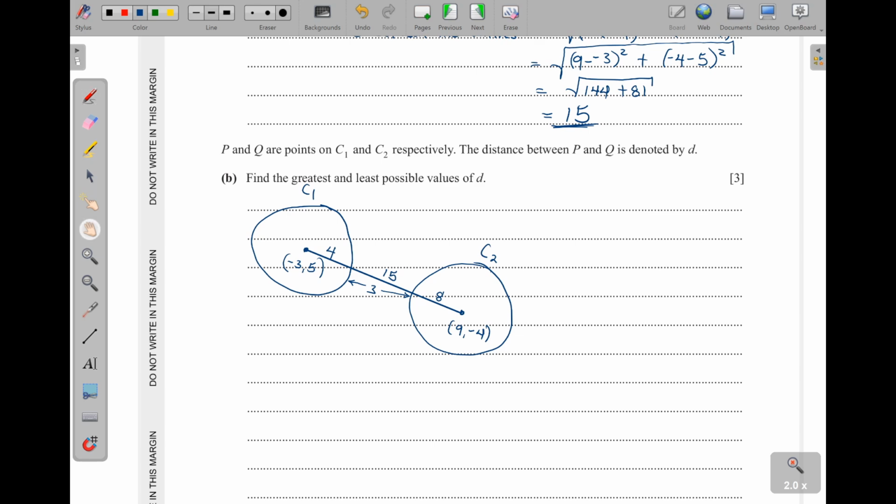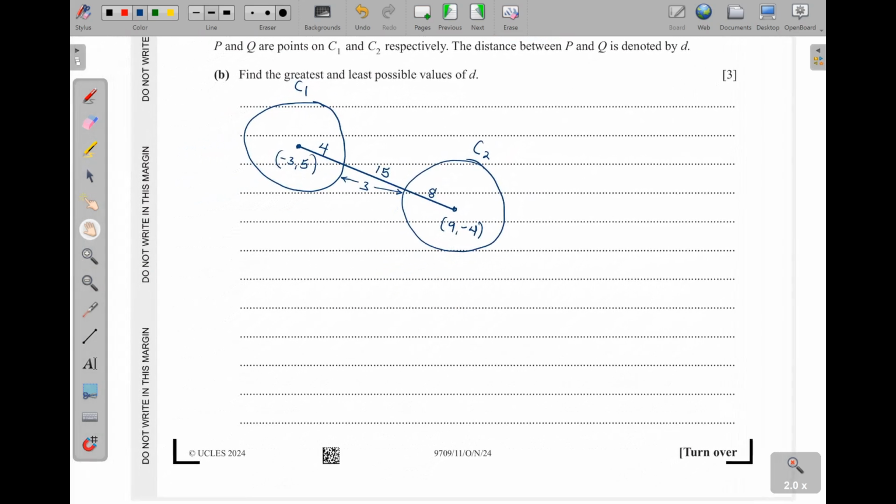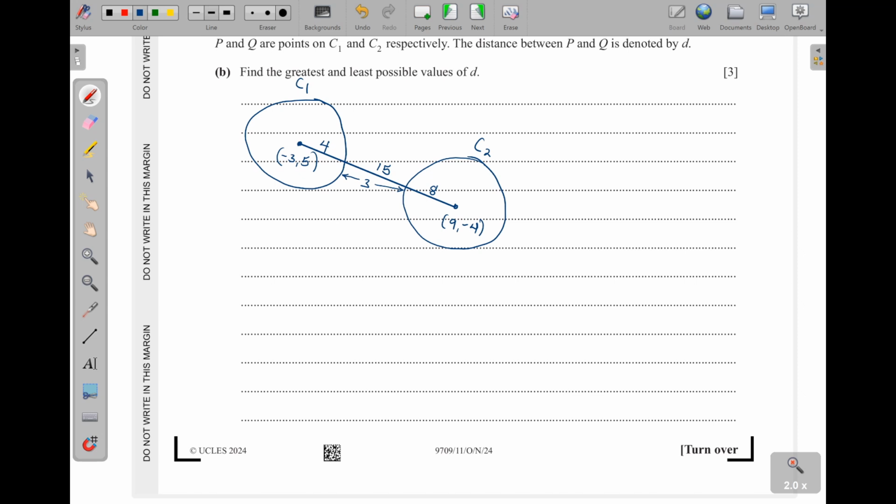Now, we can also have another sketch. Sorry, I can also have this one here and this one here. Same sketch, okay?